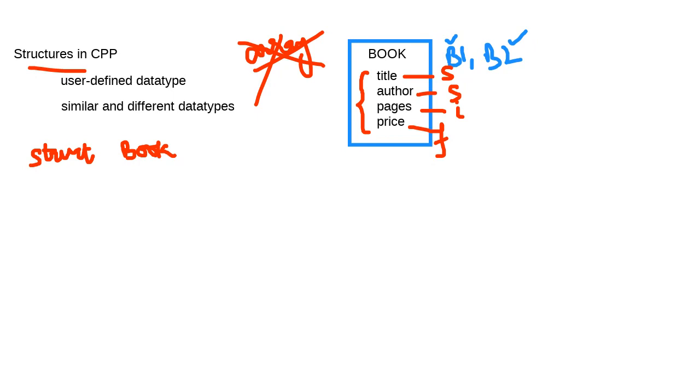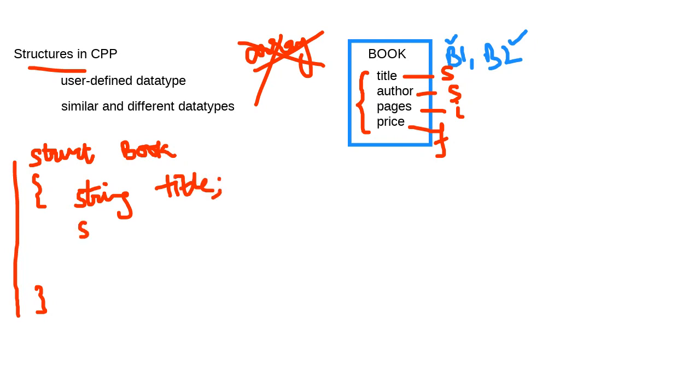And each and every book on this planet will have all this information associated for sure, है ना? तो वो सारी information what will I do? I'll bundle it inside a structure, right? Like first thing in the book is string title, right? Again, second thing would be string author, right?